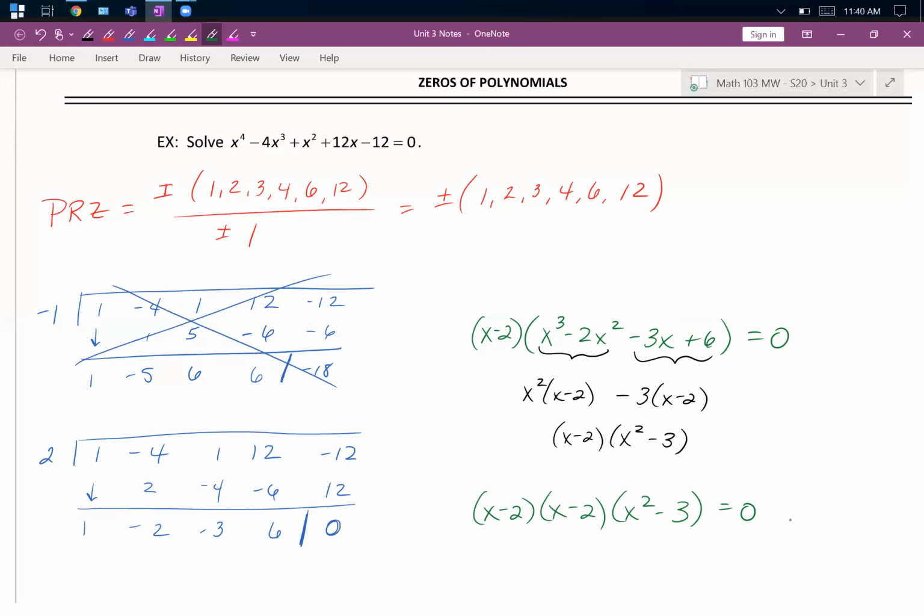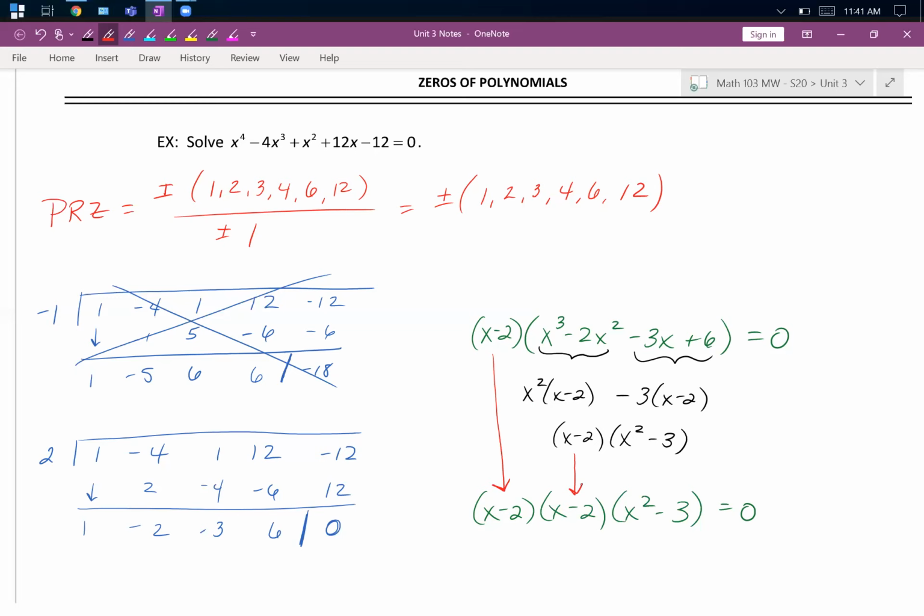Okay, so the x minus 2 is implied as one of the 2 here. The first one came from the original 2 that we tested, and then the second one came from the factor by grouping. Yes. So this is the first time that we have had a factor with multiplicity in this big section here.